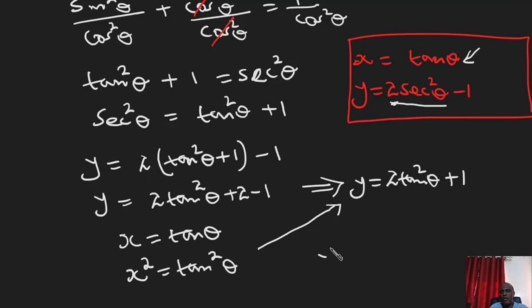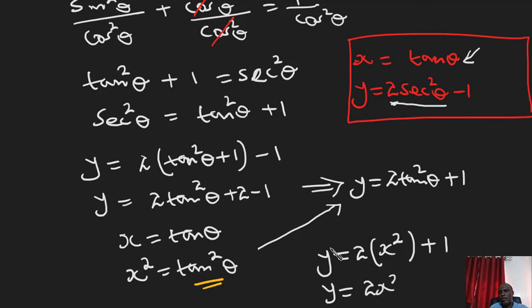So therefore the equation becomes y is equal to 2, instead of tan squared theta, we put x squared, then plus 1, and so the equation with the two variables becomes y is equal to 2x squared plus 1.